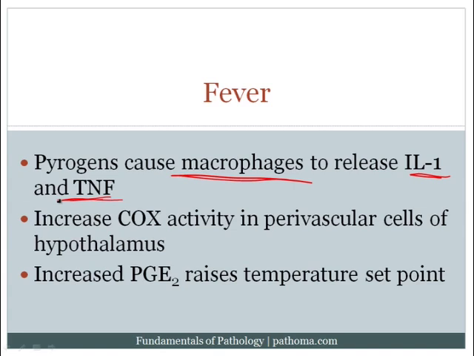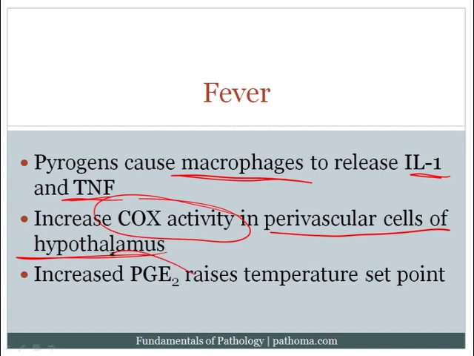They go through the blood. They then hit the perivascular cells of the hypothalamus, so that the temperature regulation of the body is mediated in the hypothalamus, and in those cells they increase COX activity. The COX, or cyclooxygenase activity, increases prostaglandin E2, which then, remember, leads to fever, as I've said many times before. Prostaglandin E2 raises the temperature set point in the hypothalamus.